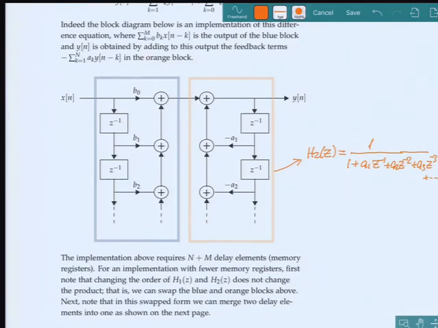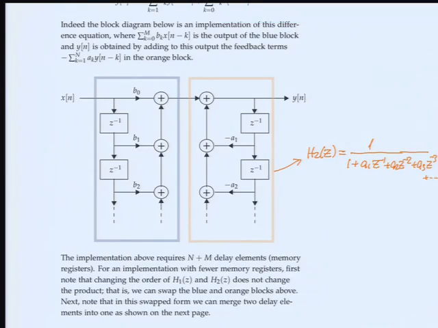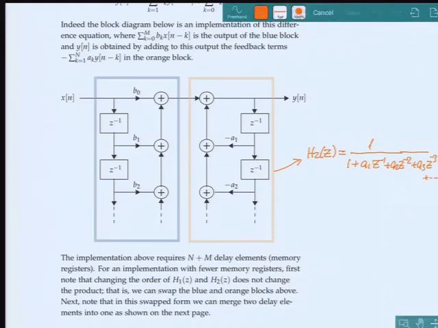And then if you look at the other one, that's a generalization of example 1, this one. This one is actually easy. It's going to be b0 plus b1 z inverse plus b2 z to the negative 2.